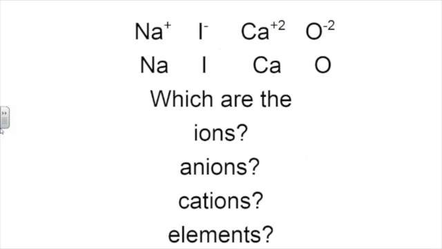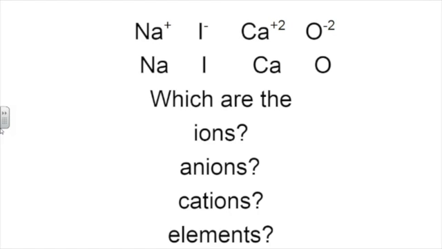We have Na with a plus, I with a minus, Ca with a plus 2, O with a minus 2, and then we just have Na, I, Ca, and O. Which are the ions? Well, the ions are the ones with a positive or negative sign or a number. If there's not a number, it's just assumed to be 1. So like Na with a plus, you may see a +1, you may just see a plus sign, but it is the same thing.